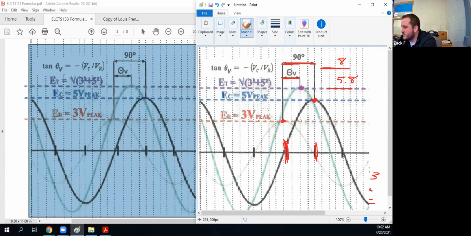Sort of, yeah, but it's actually way closer to this one because it's bigger, right? So this phase angle here is not going to be 45 degrees, right? It's going to be, I don't know, 70, somewhere around there. It's closer to this peak because this one's bigger. If the resistance voltage had a bigger peak, that angle would be closer to it, but I want to point that out to you.